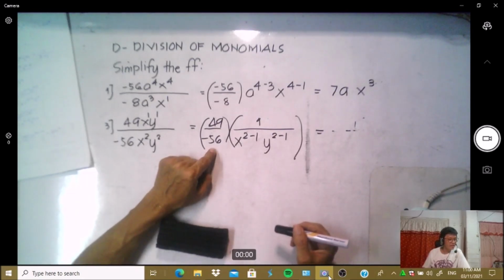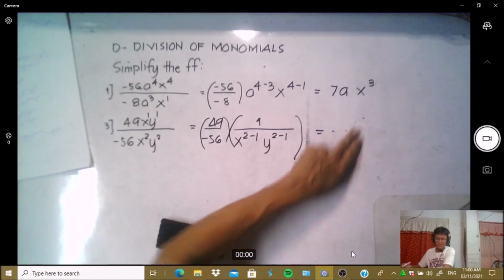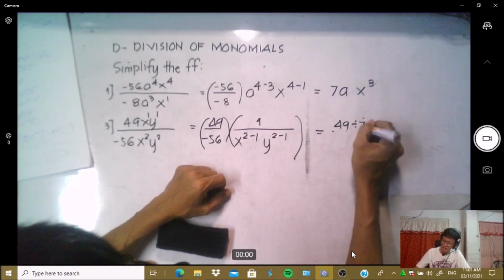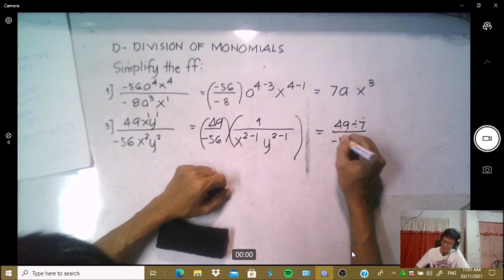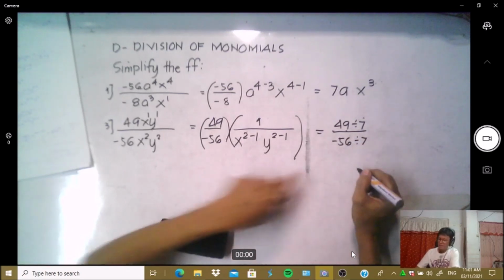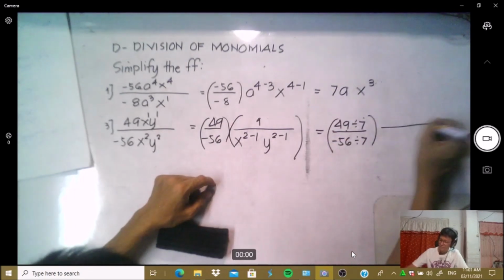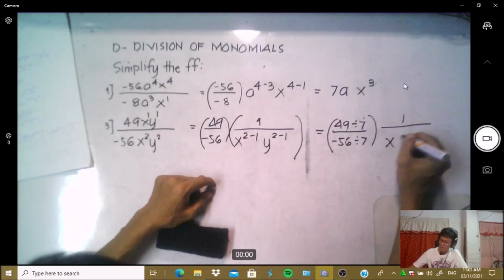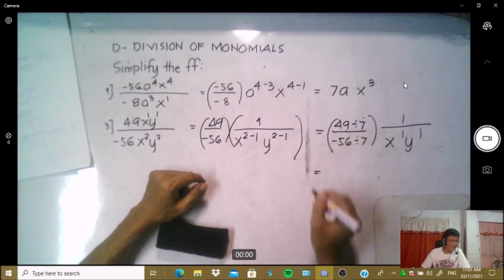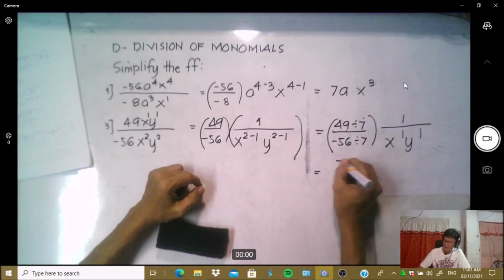So we have to divide that by 7 because that is the common divisor. So we have to divide 49 by 7 and negative 56 to be divided by 7. Okay, this is negative sign. And we have 1 over x raised to 1, then y raised to 1. Okay, so we have 49 divided by 7 is 7.